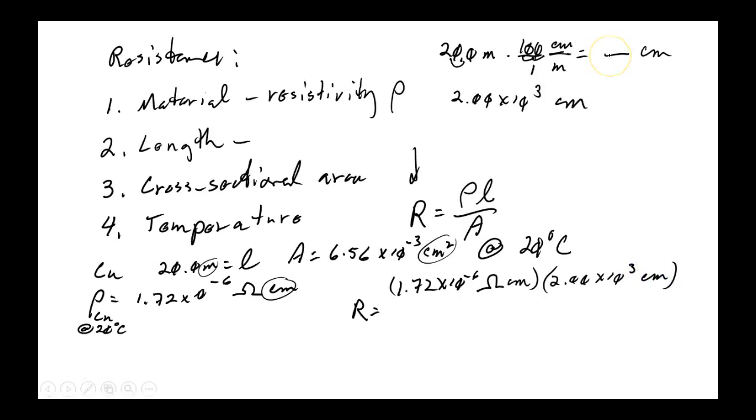We just converted that, okay? Divide that by the cross-sectional area, which was 6.56 times 10 to the minus 3 centimeter squared. And by the way, that's really small, okay? Very small cross-sectional area. Okay.